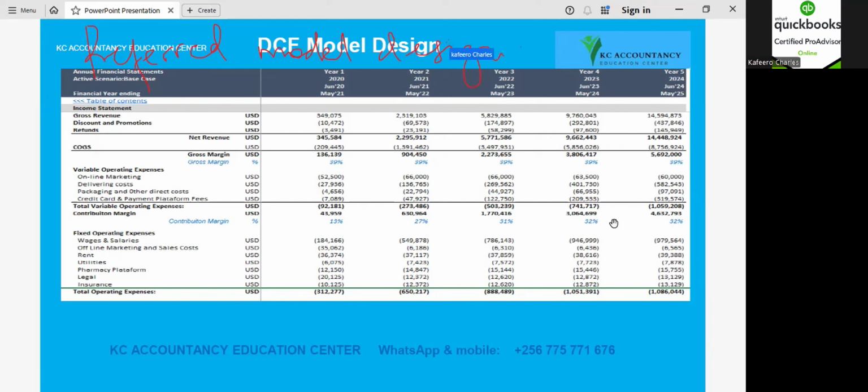Now, before we get into a discussion about model design, we really want to understand the motive for modeling a business.